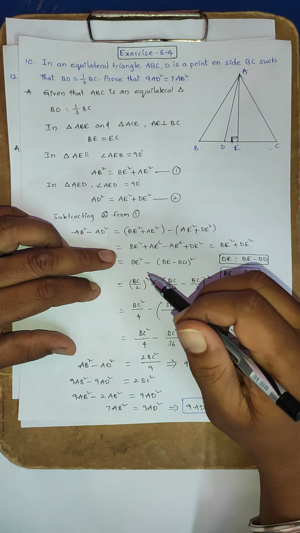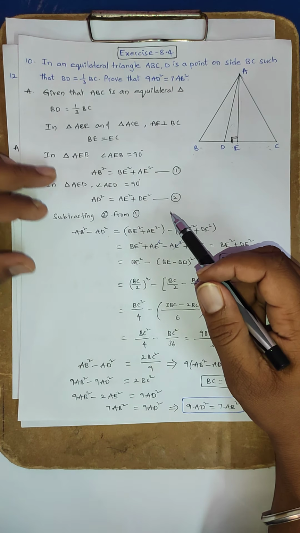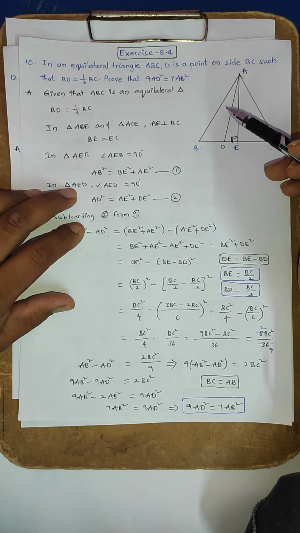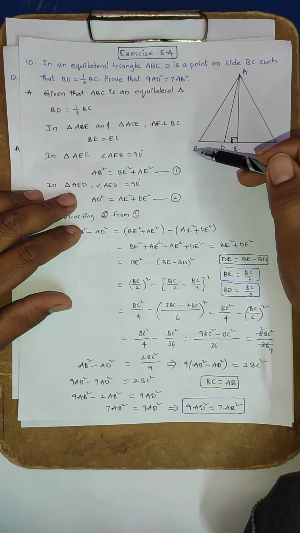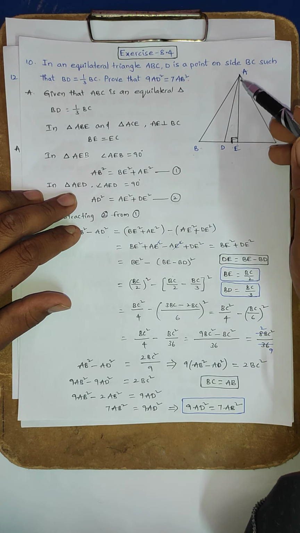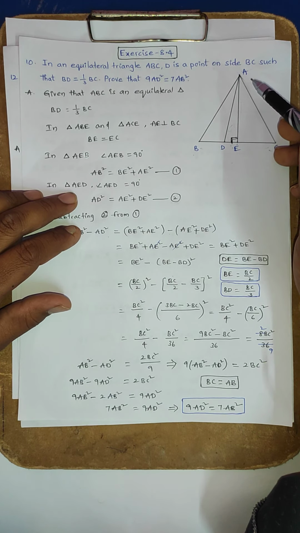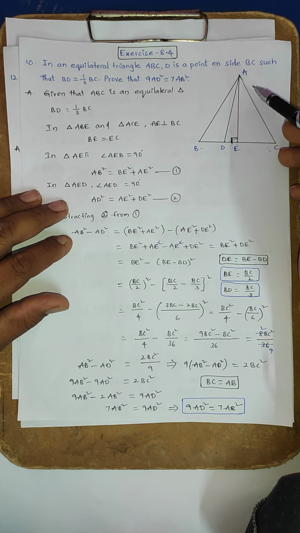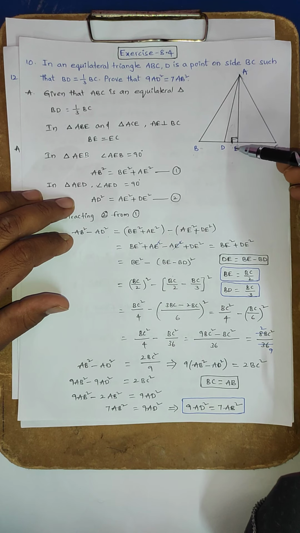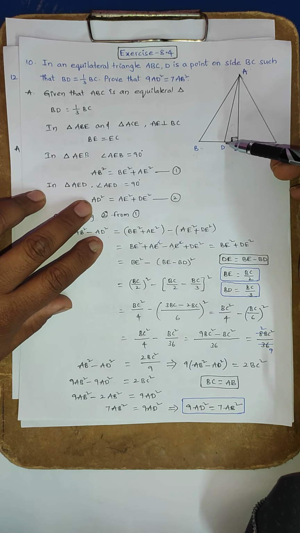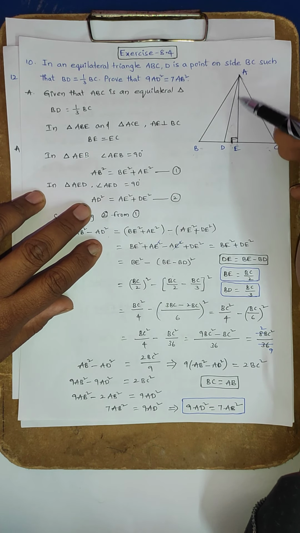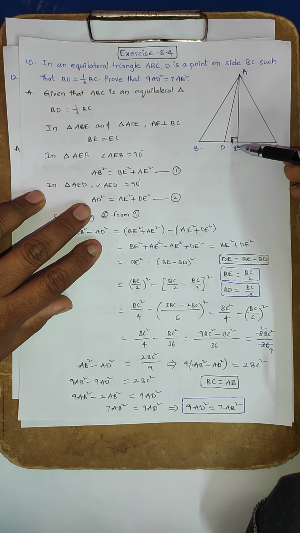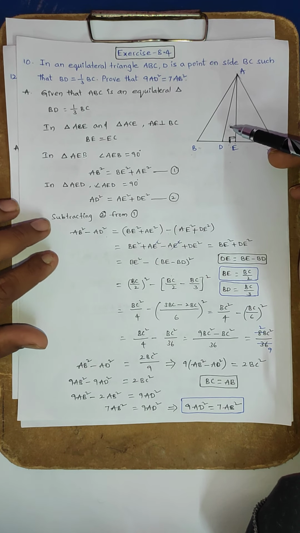Wait one second. In triangle AEB, angle E is 90 degrees, then AB square is equal to BE square plus AE square. In triangle AED, angle E is 90 degrees, AD square is equal to AE square plus DE square.